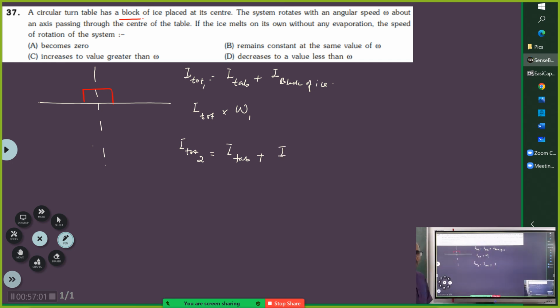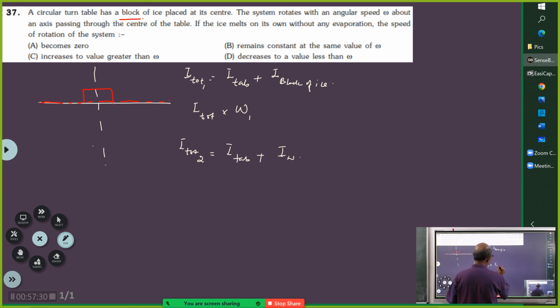The table is rotating and the ice is melting, so it will go outward. So now there are two things. First, it will melt and spread.